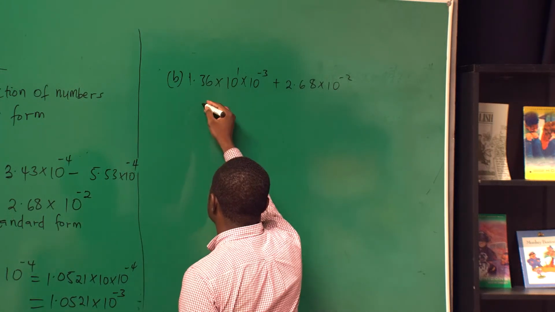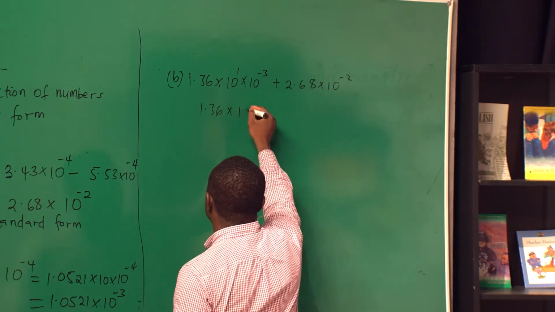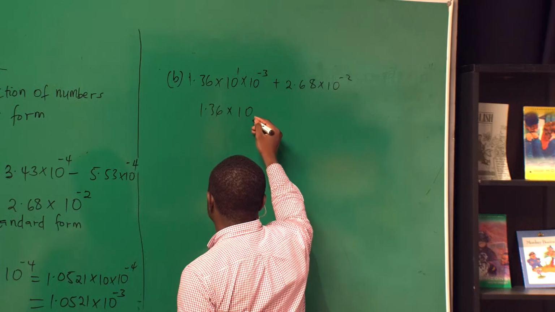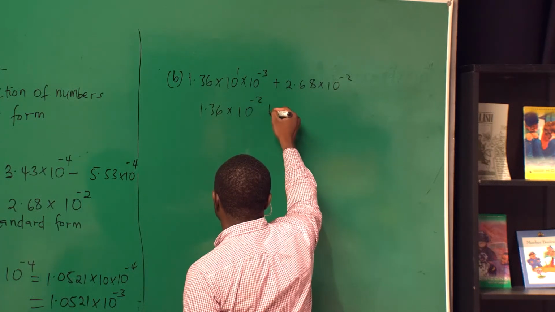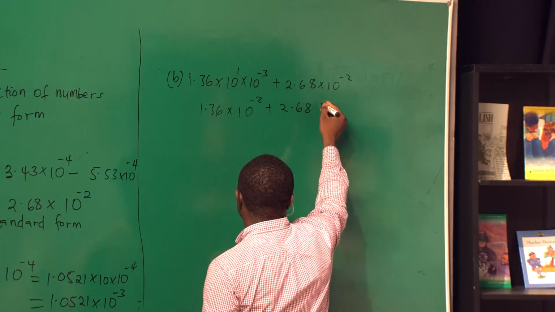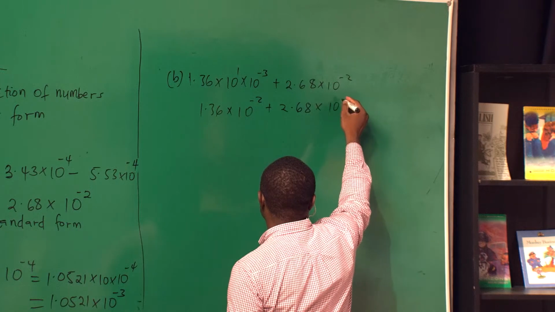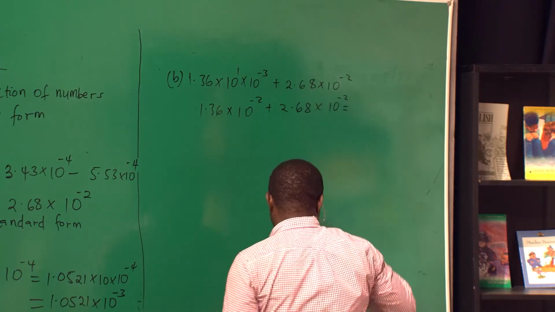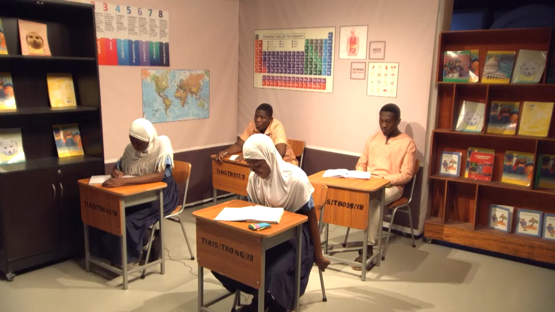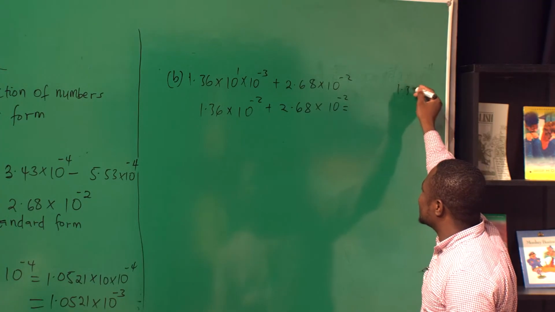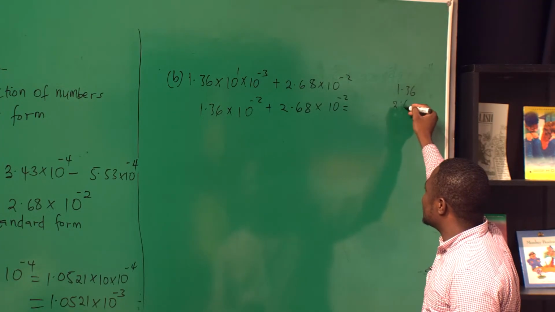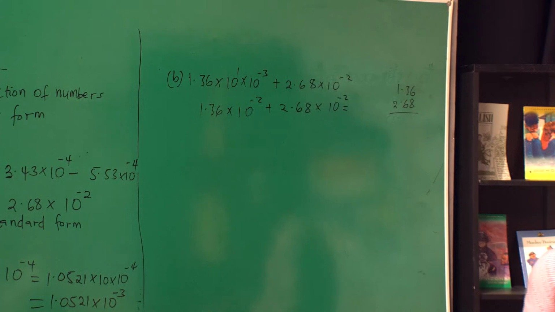So we end up with 1.36 times 10 exponent what? Negative 2, plus 2.68 times 10 exponent negative 2. What did you get? Let's just do it together. We are adding 1.36 to 2.68.